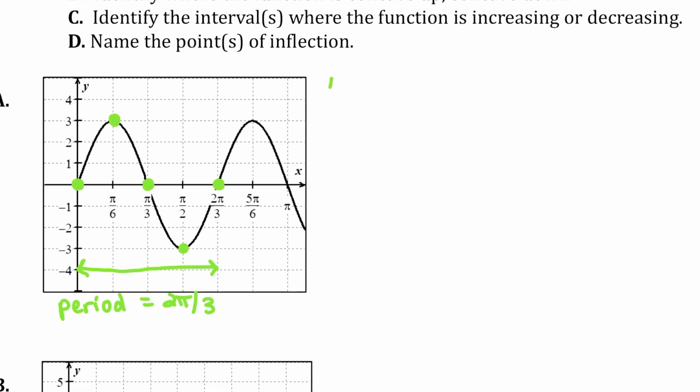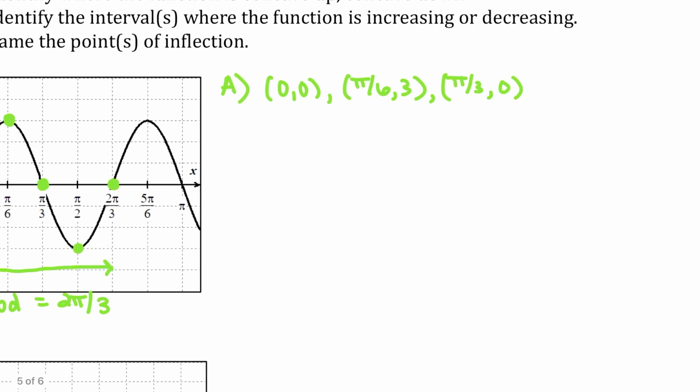So part A is going to be just listing off the coordinates that we just drew. So we have 0, 0. We have pi over 6, up 3. We have pi over 3, up 0. We've got pi over 2, minus 3.